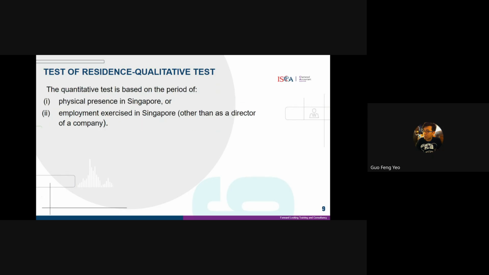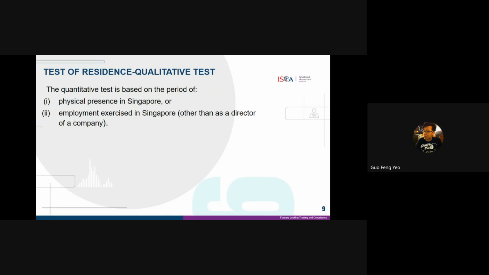Now, the quantitative test will be something that is more scientific and can be determined. It is based on the period of physical presence in Singapore or employment exercise in Singapore, other than in the capacity of the director of a company.